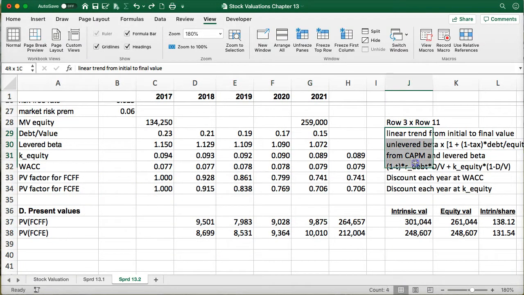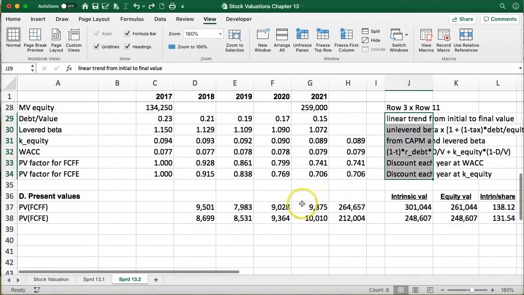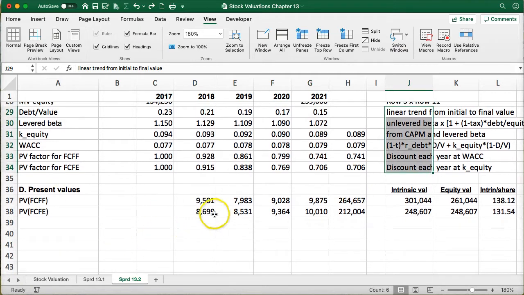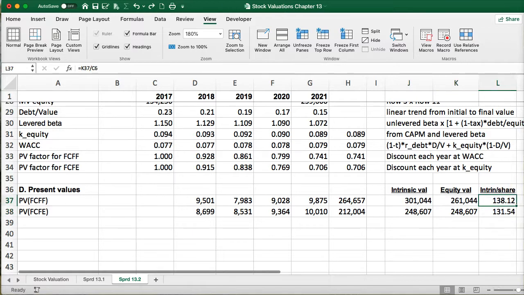And the formulas are listed out here. And then we can do the present values of the cash flows and the terminal values, and then find the sums of these to calculate the intrinsic value, the equity value, and the intrinsic value per share.